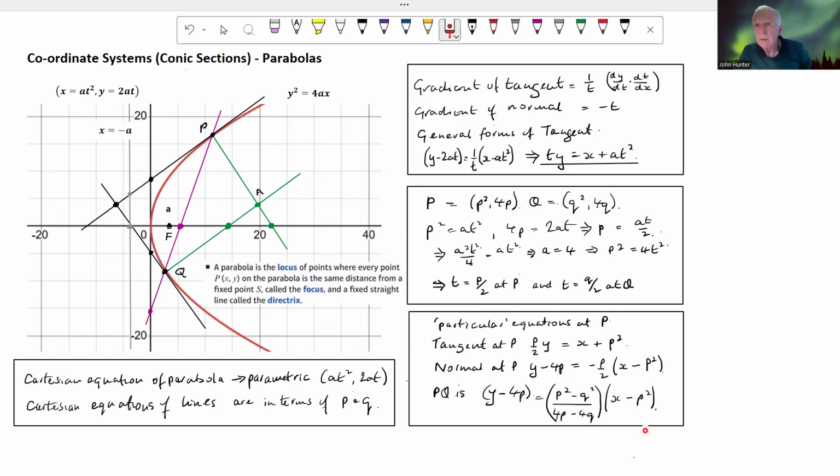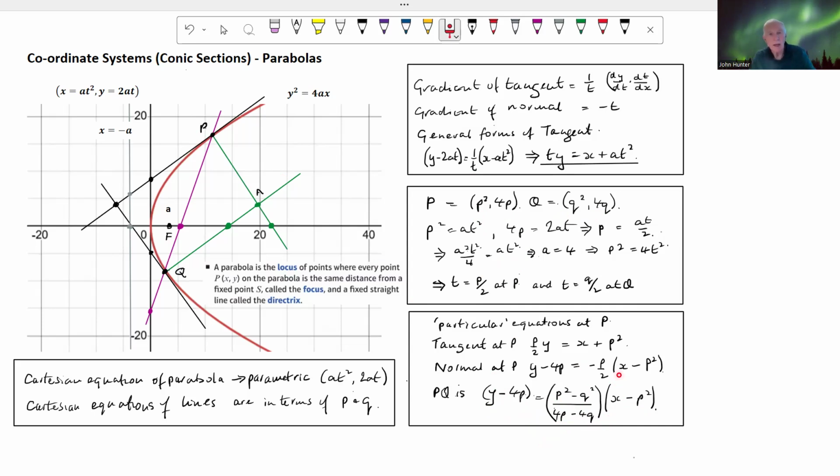So I've got two real equations for those straight lines that emanate from the point P. We've also got this line PQ, which has a gradient of that. That's just the rise over the run between those two points P and Q. And again, y minus y1 equals the gradient times x minus x1, which is that there.